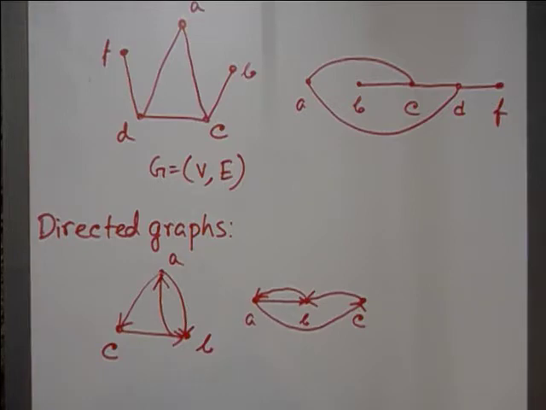If A follows B, then you can represent it as a directed edge from A to B. And if B follows A, then you can represent it as an edge from B to A. For example, here we have a directed edge from A to C. That means A follows C. That does not guarantee that C follows A. And that's why there is no edge from C to A.